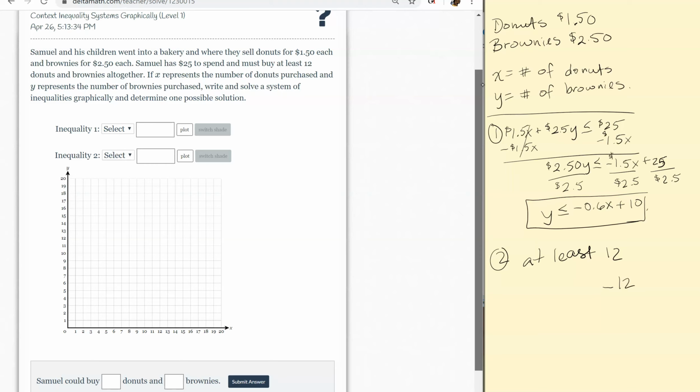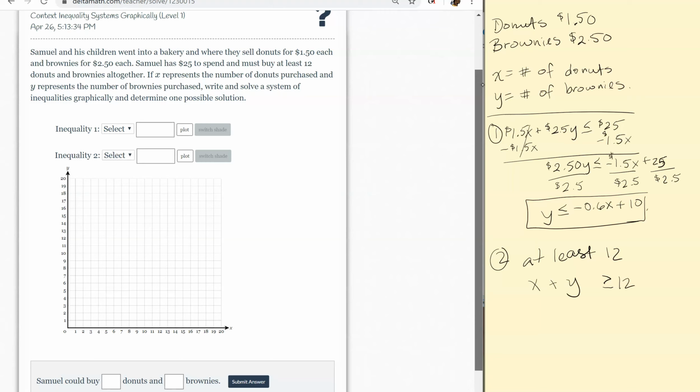At least means you want more, so they can buy more than 12 or equal to 12. So at least gives a greater than or equal to sign. On the left hand side, your donuts and your brownies added together has to be at least 12. So x plus y is at least 12.